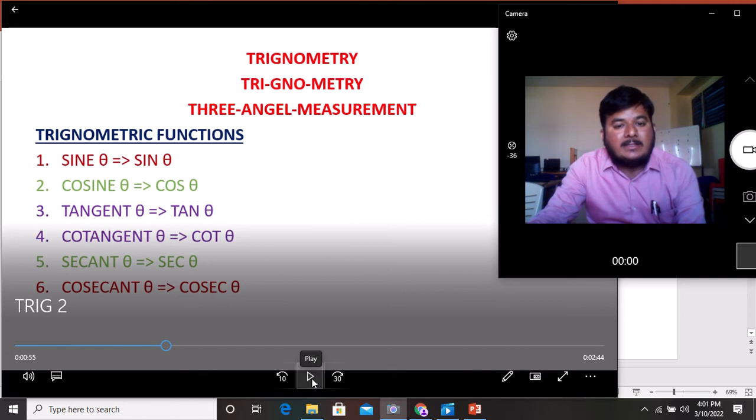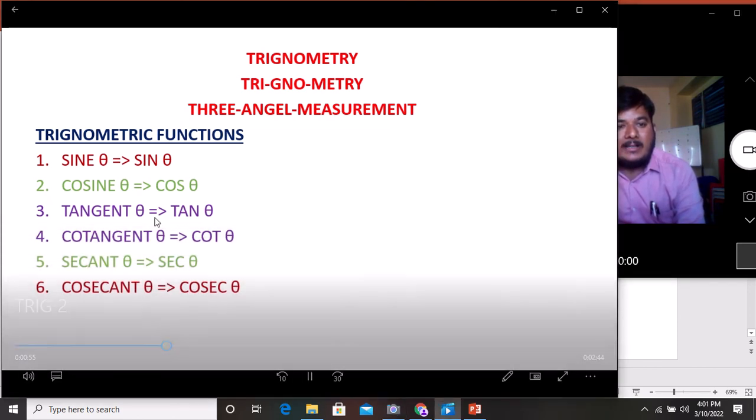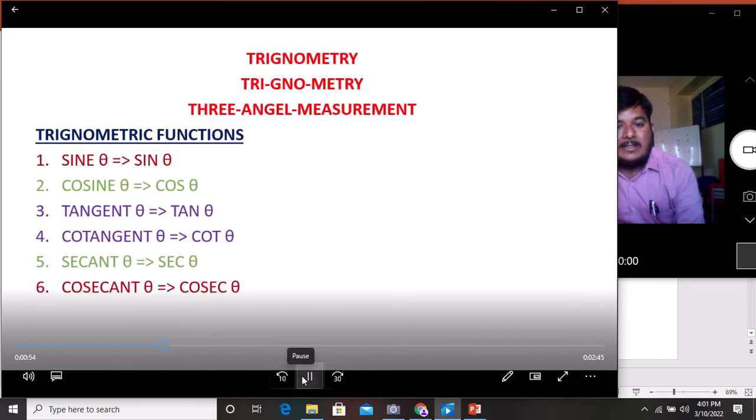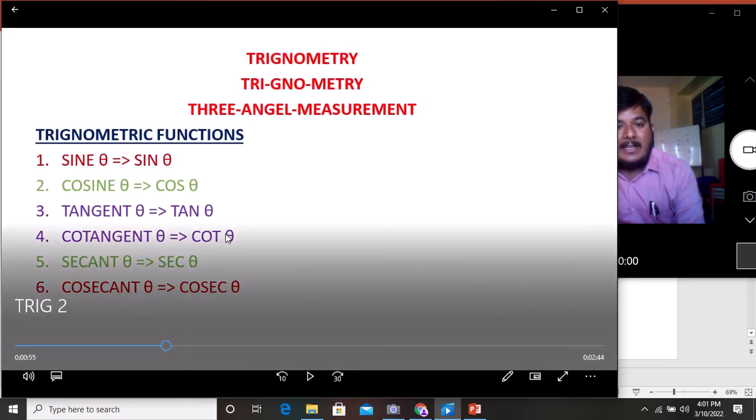I have marked sin theta and cosecant theta with the same color, cos theta and secant theta with the same color, and similarly tan theta and cot theta with the same color. Why?